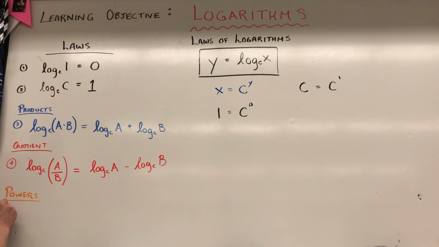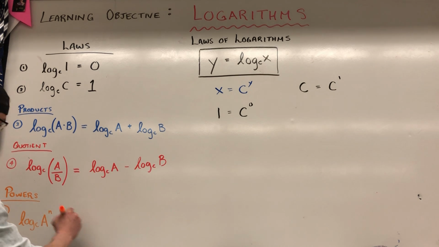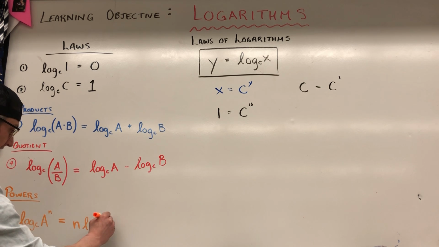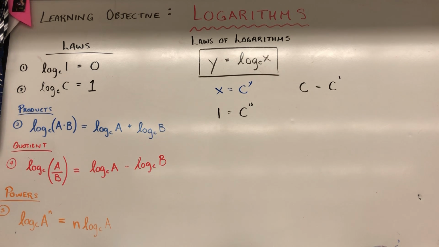Number 5. And this law tells us that if I have the log of some base of some number to the power of n, so a to the power of n, log base c, I can rewrite that as just, the n is going to come in the front, as n log base c of a.